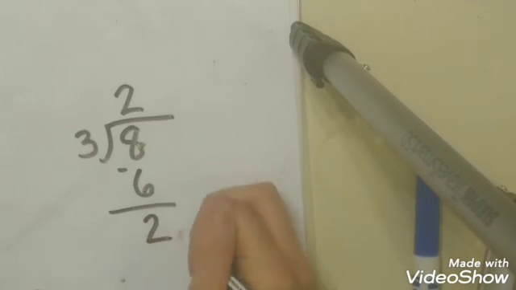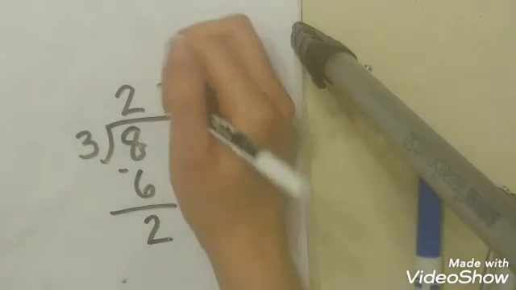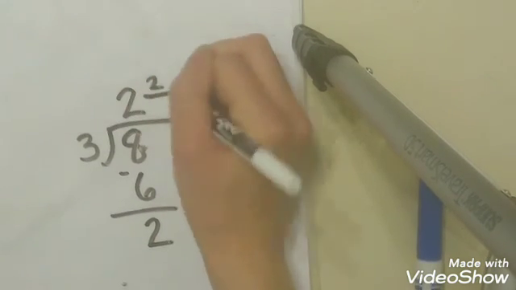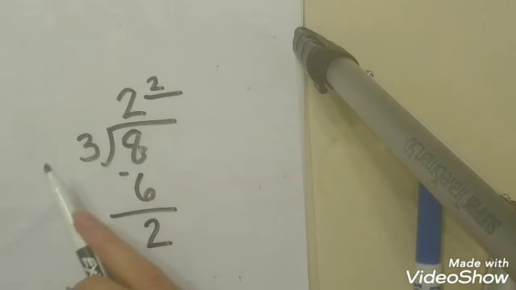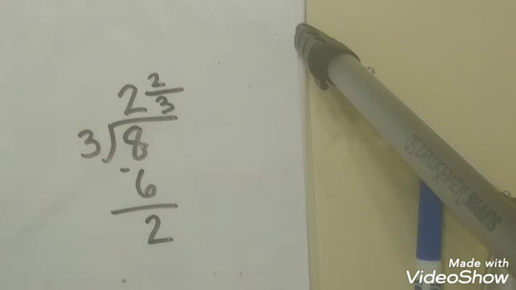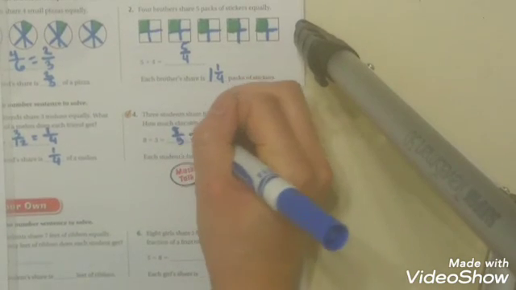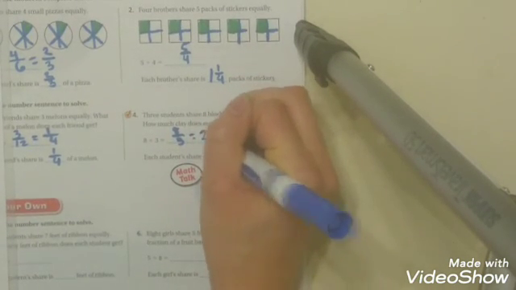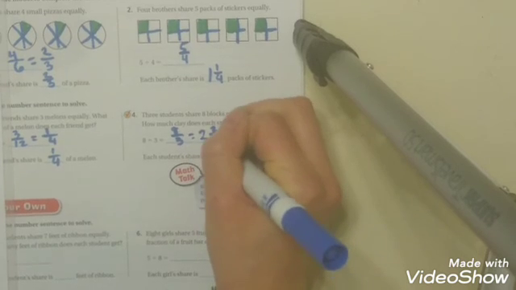And I'm not going to use this as my remainder. I'm going to bring it up and make it the numerator of my fraction, and then use the number I was dividing by, 3, as my denominator. So that means that I'm going to have 2 2/3, and each student will get 2 2/3 blocks of clay.